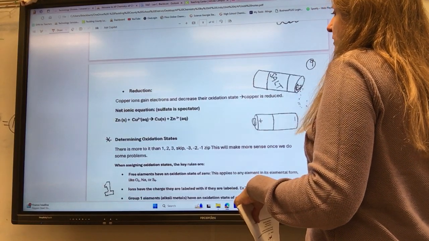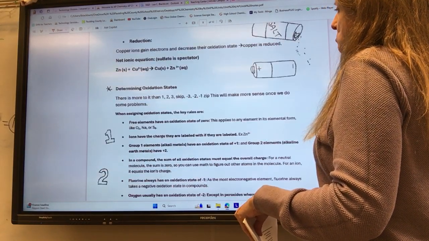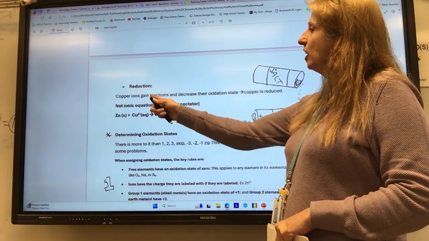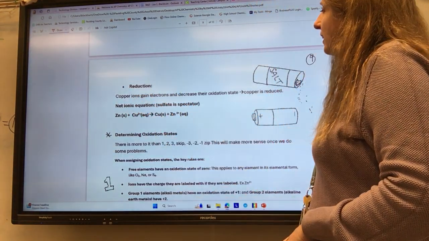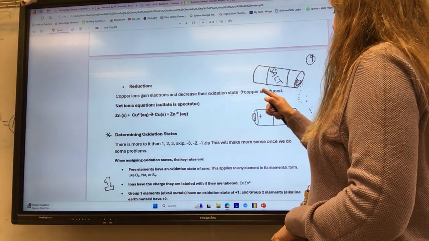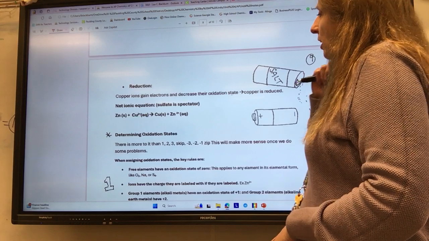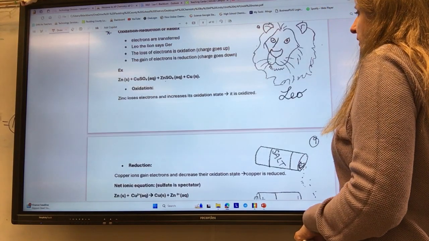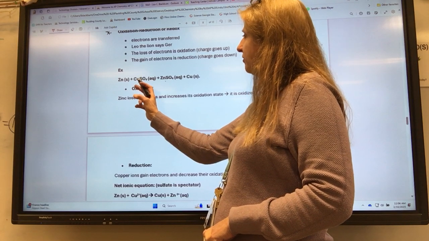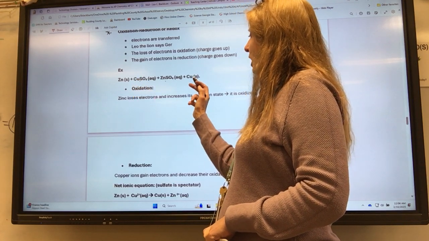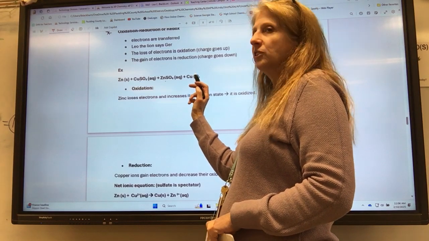We're going to do a lot of labeling with this. What is being oxidized and what is being reduced? In our problem, the copper was the opposite. Copper gained electrons and decreased its oxidation state. Copper was reduced. Let's go back and look at that so we can see it happening. Copper was an ion. It was positive, and then it became 0. Can you see that?